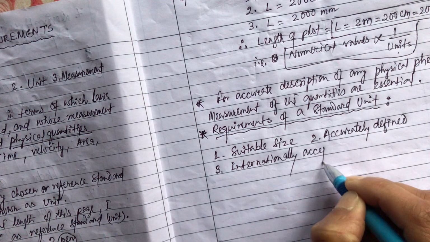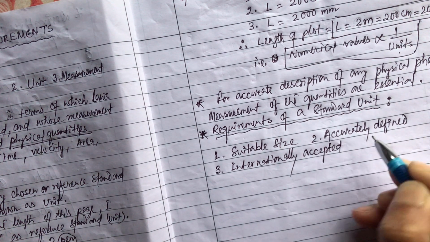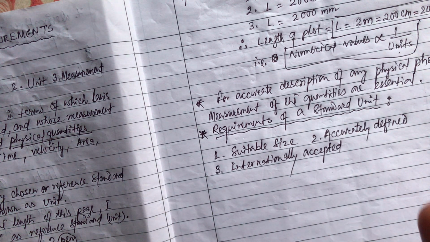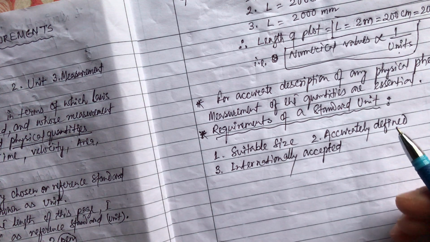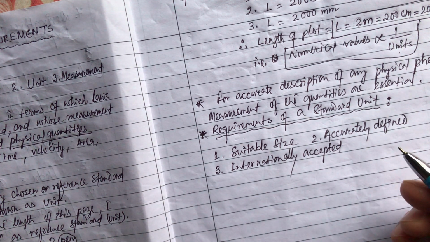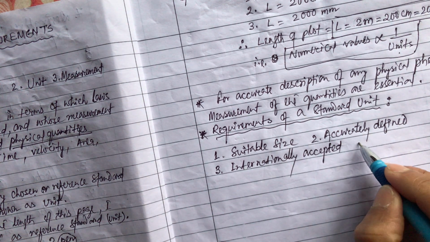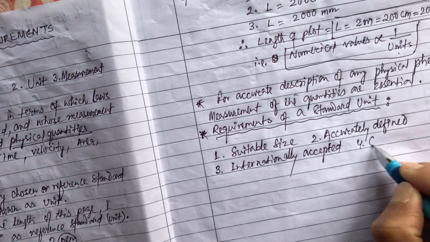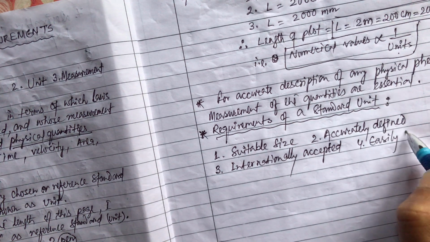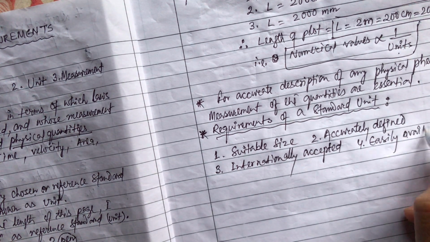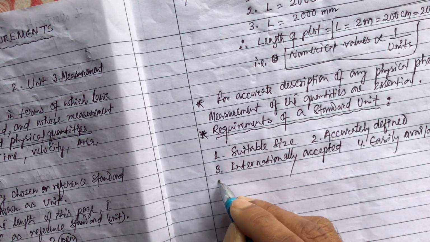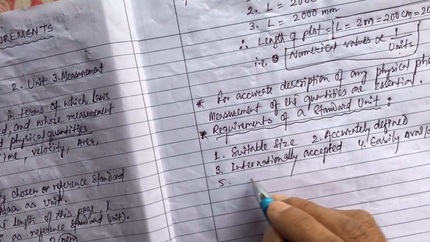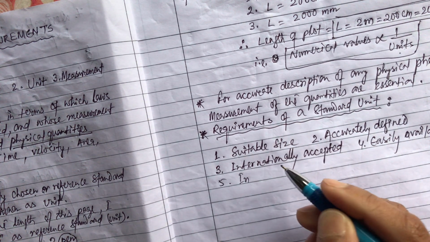It is not like somebody made a unit and it is confined to a particular area only. Everywhere in the world they must accept this unit. Then it should be easily available. If we think more, it should be invariable.